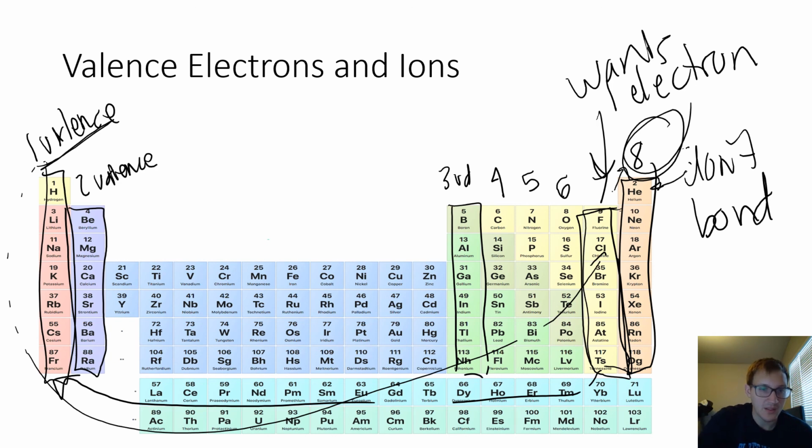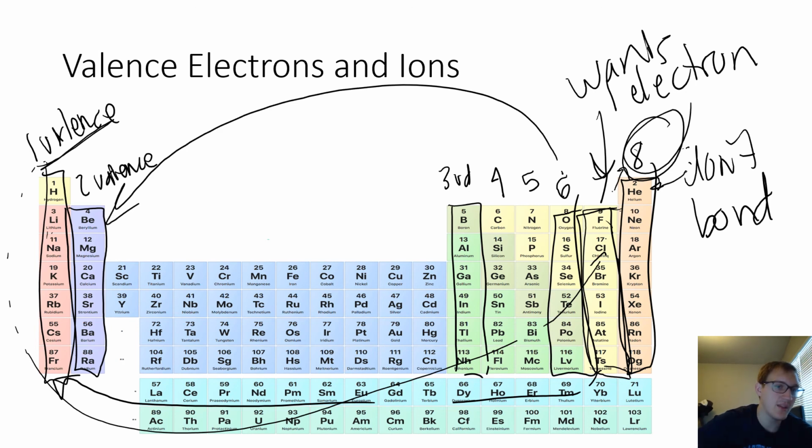Okay, so lithium and fluorine, well, lithium has 1 to give, fluorine wants 1, so then they're going to bond much easier than other atoms or other elements to themselves. Okay, likewise, this group that has 6 and wants 2 to get to 8 is really going to bond with this group because they have 2 and they want to give those 2 up to become stable. Okay, I hope that clarifies some of your ions.